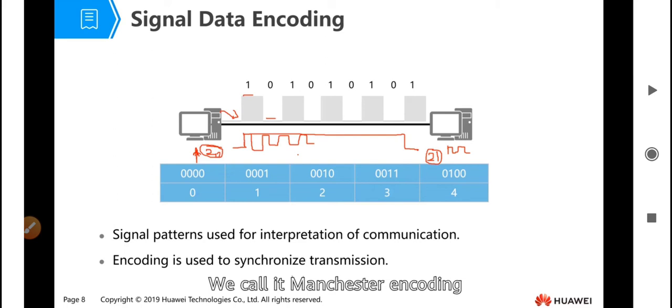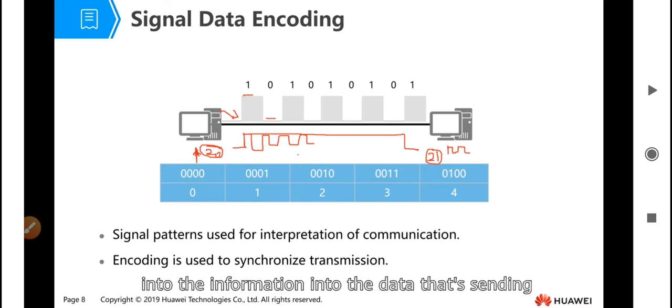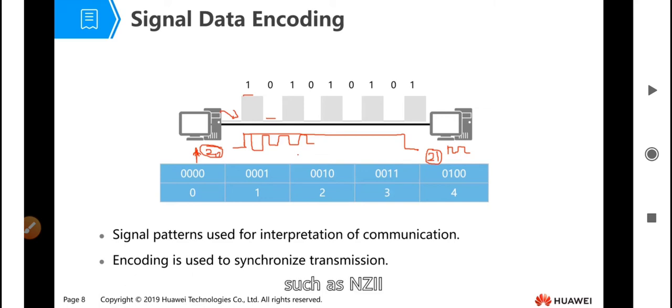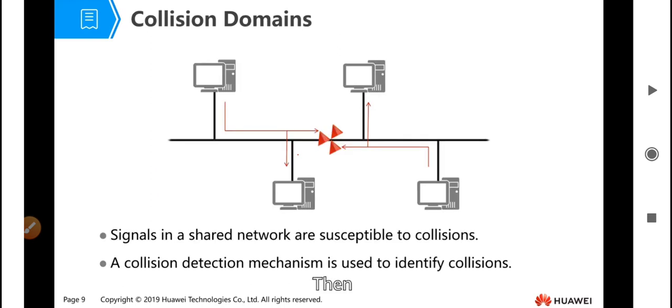The Manchester encoding just integrates the clock signals into the data that's sent from the sending part to the receiving part. And of course there are still other encoding mechanisms, such as NRZI, 4B/5B and so on.